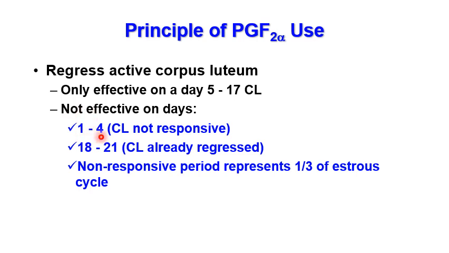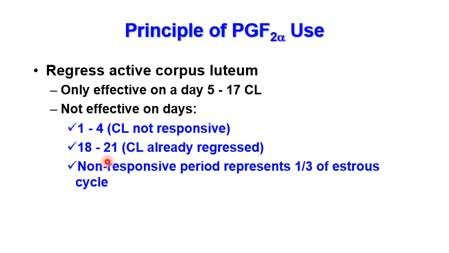On day 1 to 4 of the estrous cycle, the CL is considered to be not responsive to PGF2 alpha. So the injection of exogenous PGF2 alpha during this time would not be effective for cattle as well as for the ewe and the doe as well as in the mare.